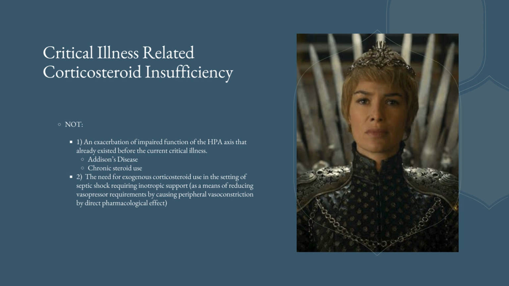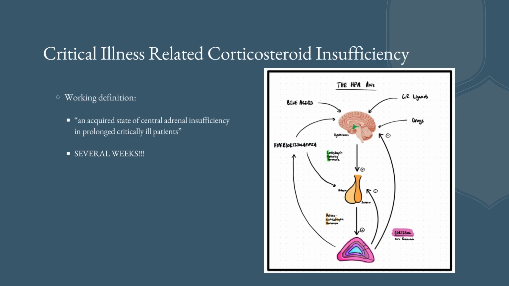That's not CIRCI. Something else that's also not CIRCI is the need for exogenous corticosteroid use in the setting of septic shock requiring inotropic support. So it's just important to understand that those things are not this entity that we're talking about.